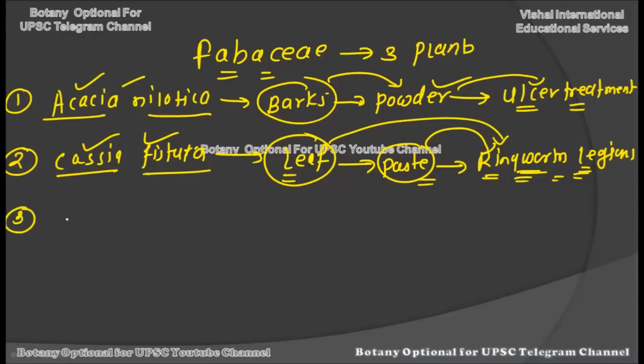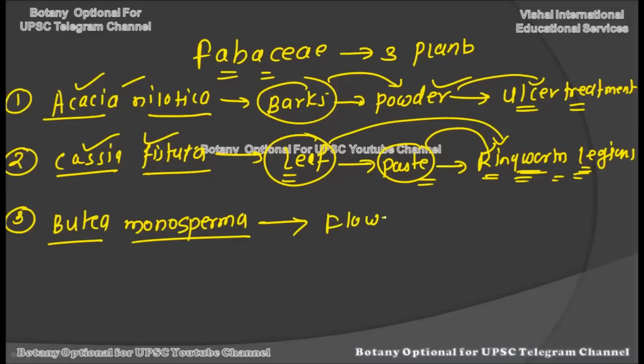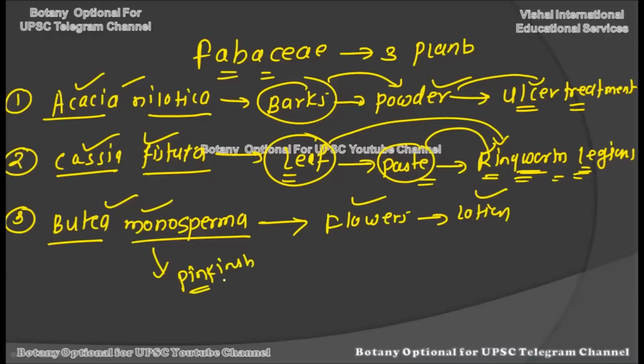Now the third plant which belongs to the Fabaceae family is the Butea monosperma, and you know this example because during the angiospermic family studies we have studied this at large. Okay, we have studied this plant already, right? So this Butea monosperma, which belongs to the Fabaceae family, has flowers that are very useful in creating one particular kind of lotion. What we are creating this time is a lotion out of the flowers of the Butea monosperma, and you already know the brightly pinkish colored flowers of this plant.